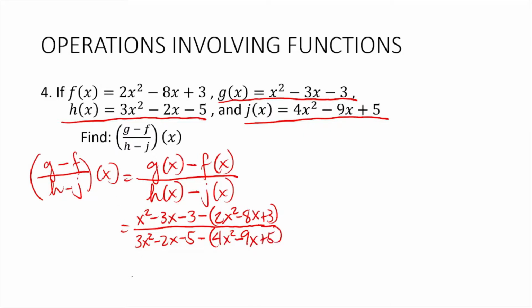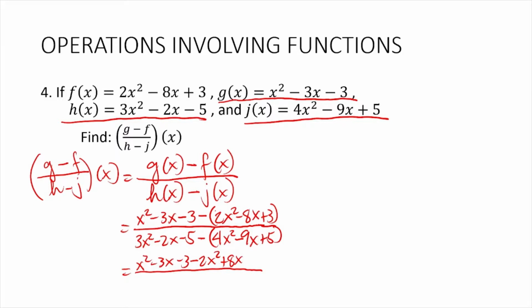And then let's distribute first -1 for f of x and j of x. So we just copy x squared minus 3x minus 3, and then again we distribute -1, so this is minus 2x squared, right? And then negative, negative, so positive or plus 8x in this case, right?